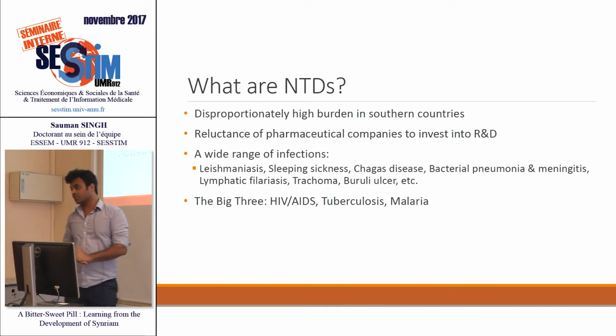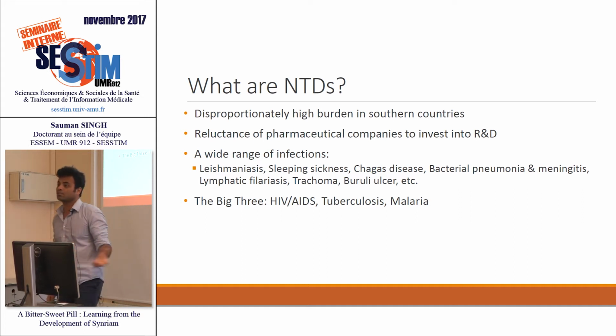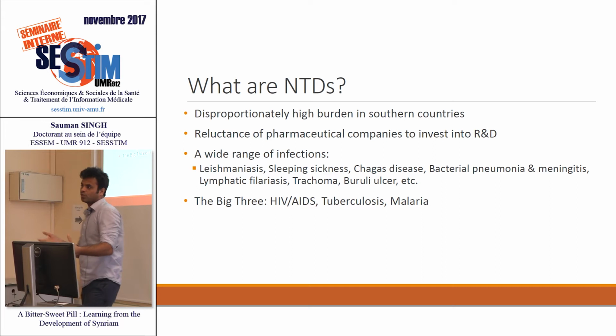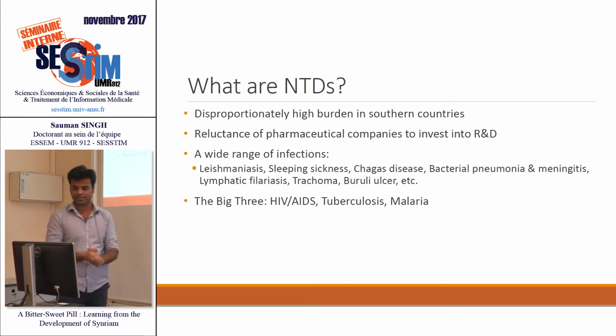All these diseases are infectious, most of them. So leishmaniasis, sleeping sickness, filariasis, trachoma, Buruli ulcer. But what we know more about is the big three: HIV, tuberculosis, and malaria. And they have been at the heart, until now, of the discussion and investment of alternative R&D. Again, why HIV/AIDS?